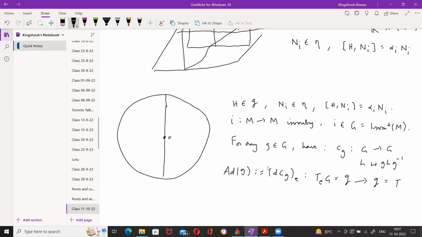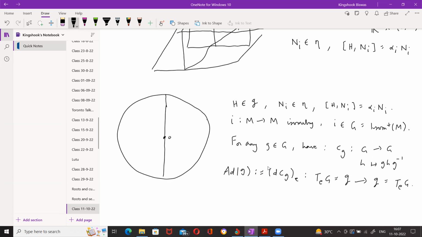So this goes from the Lie algebra to the Lie algebra, right? So this is the adjoint representation of the Lie group acting on its Lie algebra. Okay. So what I can do is I have this N_i.